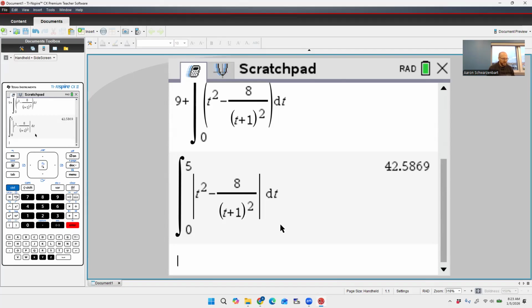So, modeling the effects of acceleration. Now, in physics, we have all kinds of constant acceleration equations. In calculus, we're not going to have constant acceleration.